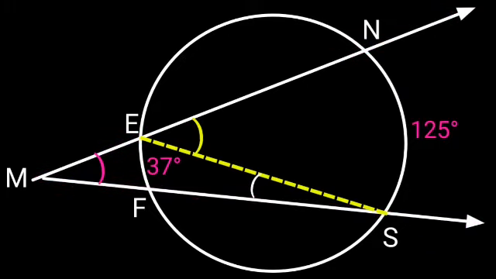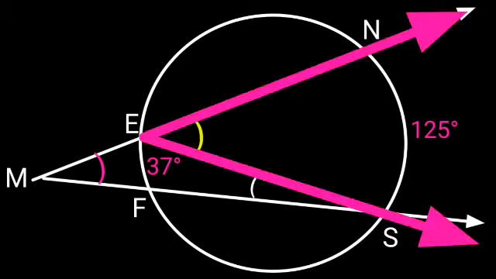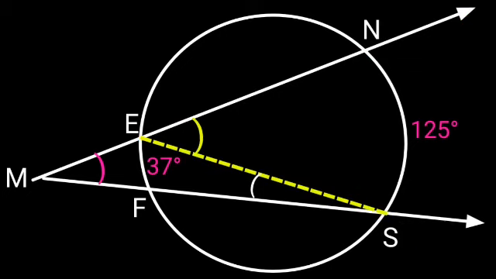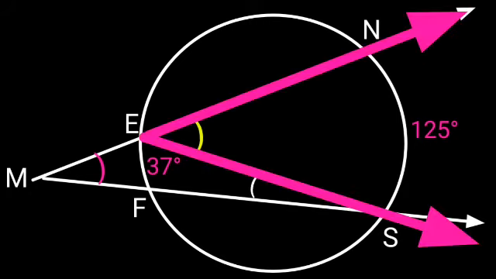For this purpose, we join the points E and S. Then we get angle NES, which is an inscribed angle, and arc NS is the intercepted arc.